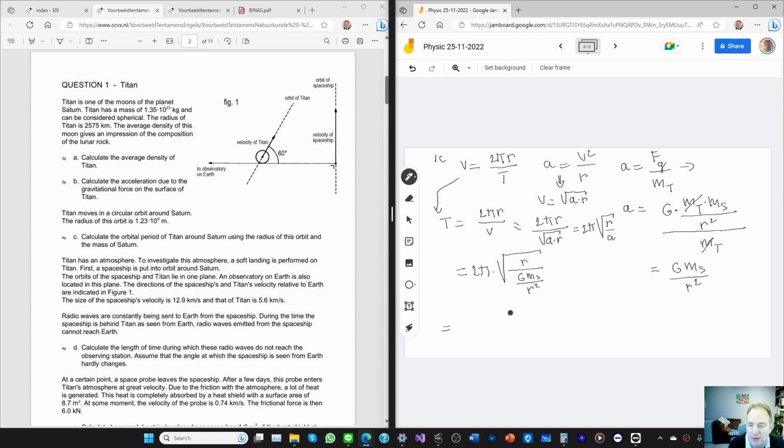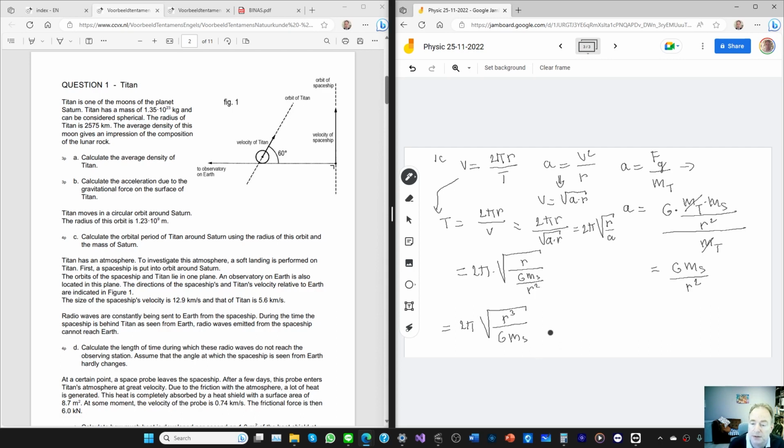So multiply the numerator and denominator by R squared, and you get 2 pi times the square root of R cubed divided by the gravitational constant times the mass of Saturn.